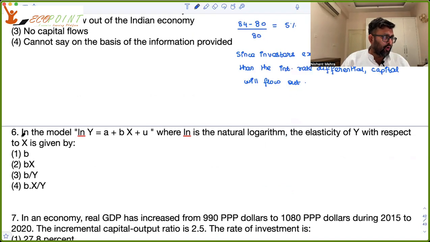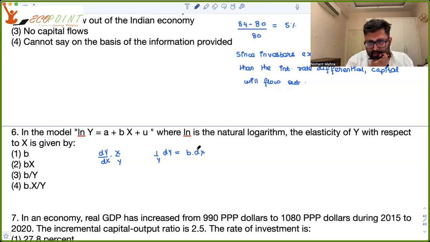So in the model, you have log y is equal to a plus beta x plus u, where log is the natural log. The elasticity of y with respect to x is going to be what? It is a log linear model, right? So how do we write this? Elasticity of y with respect to x is dy by dx into x by y. In case of a log linear model, 1 upon y dy equals b dx.